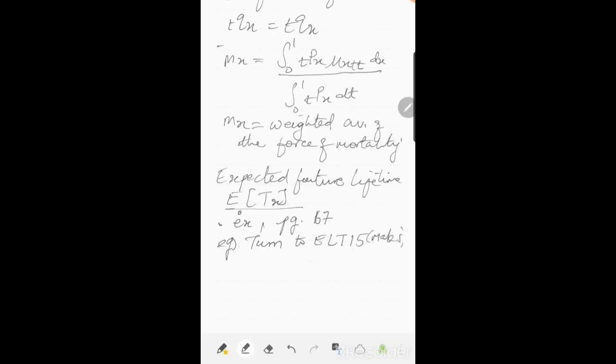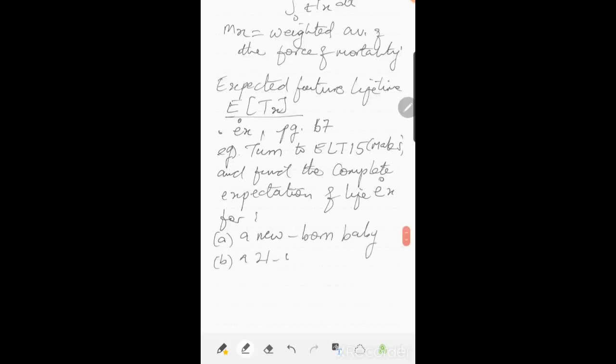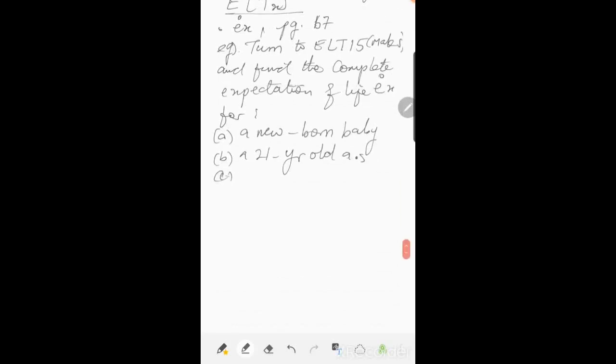You need to have a formula book, and find the complete expectation of life e naught x for: A, a newborn baby; B, a 21-year-old actuarial student; and C, a 70-year-old pensioner.